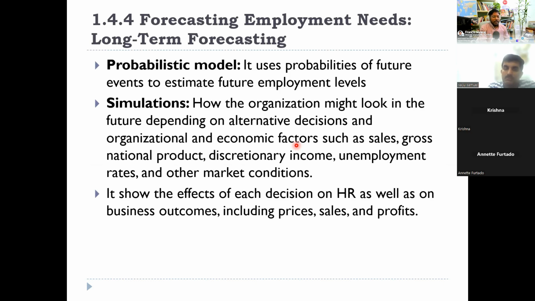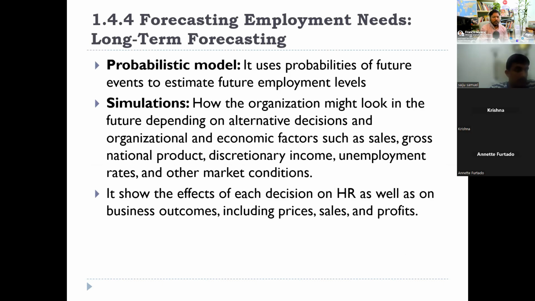Okay, we can do that. Organization and economic factors such as sales, gross national product, discretionary income, unemployment rates, and other market conditions you can do. So it shows the effects of each decision on HR as well as on business outcomes, including the prices, sales, and the profits.